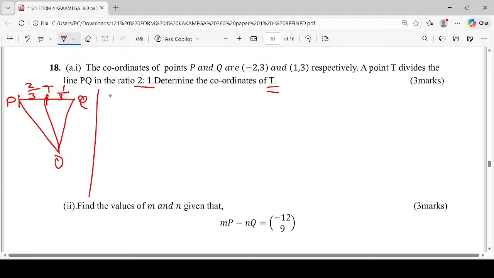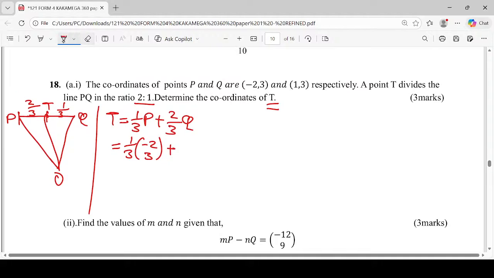The ratio theorem says to get the coordinates of T, I'm now going to have a third P plus 2/3 Q. That's how you get the coordinates of T. So that means we are going to have a third of P. P is negative 2, 3, plus 2/3 of Q, which is 1, 3.